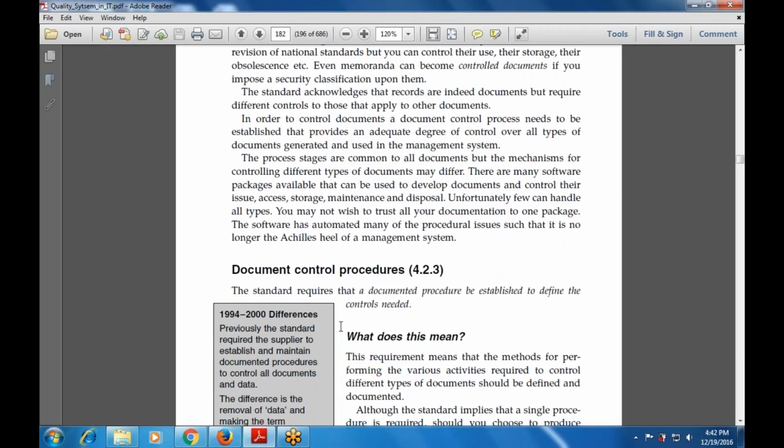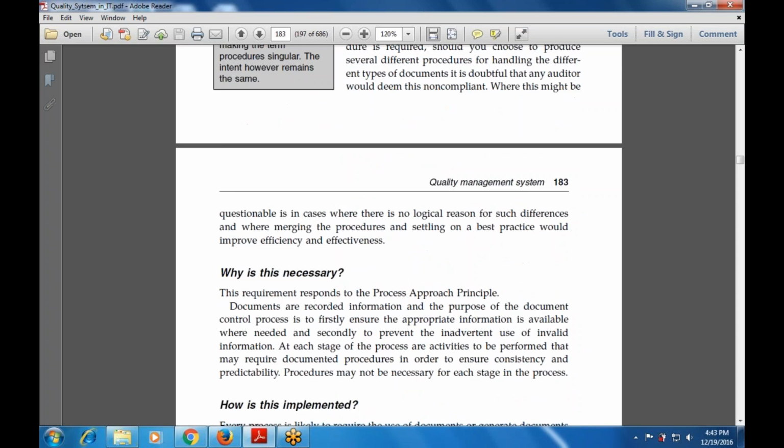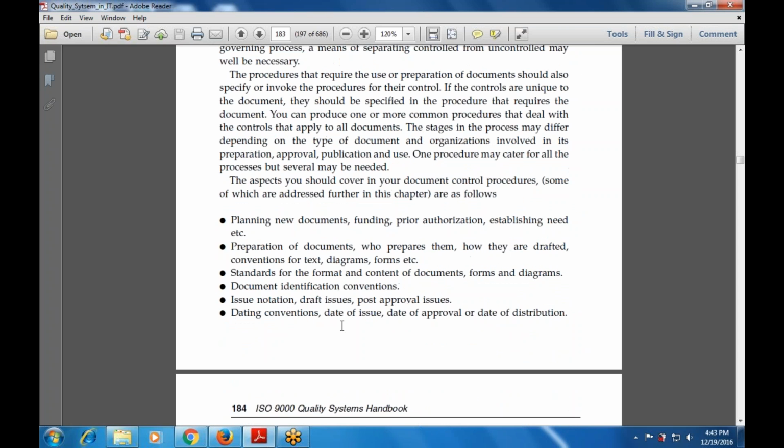Next is a document control procedure that is established to define the control needed. The aspects used in the documents and the procedure are as follows. First is planning the new documents, finding prior authorization, establishing the needs, then preparation of the documents: who prepares them and how they are drafted.